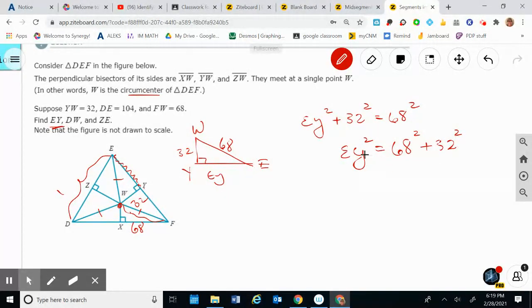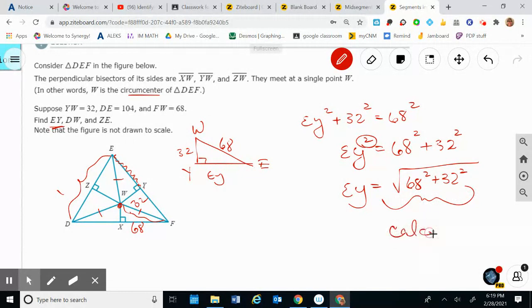You leave it like this, and then you take the square root of both sides, so EY equals the square root of 68 squared minus 32 squared. And then you put this into your calculator. That way you do all the easy work without actually having to deal with really big numbers, okay? And if you do that into your calculator, then you will get the correct answer for EY.